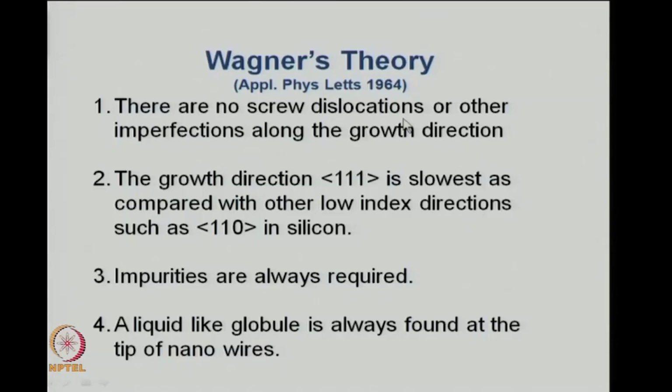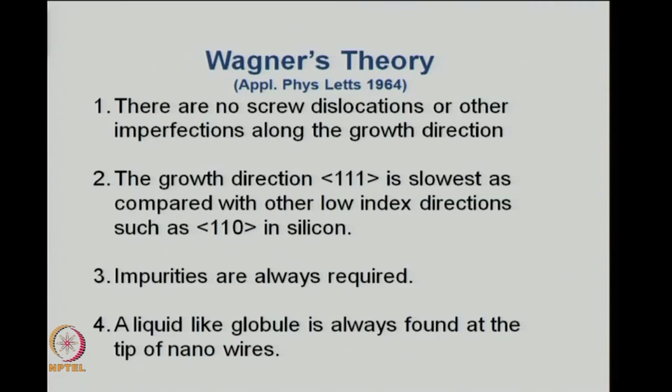So, in 1964 he gave this theory which is called Wagner's theory for the VLS growth mechanism, for the vapor liquid solid growth mechanism. What are the characteristics and how do nanowires form using this vapor liquid solid mechanism?